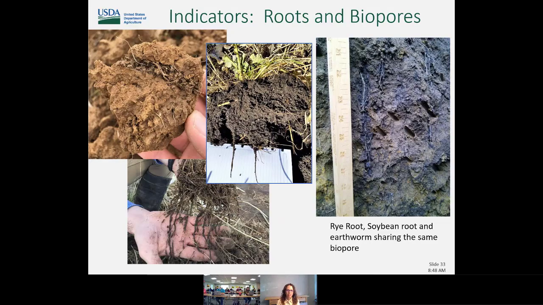And lastly, I wanted to mention that there's the potential to see rhizosheath depending on the crop species. If there are arbuscular mycorrhizal fungi associated with the plant roots, then you may see these collections of soil particles around the roots that cling tightly to it.